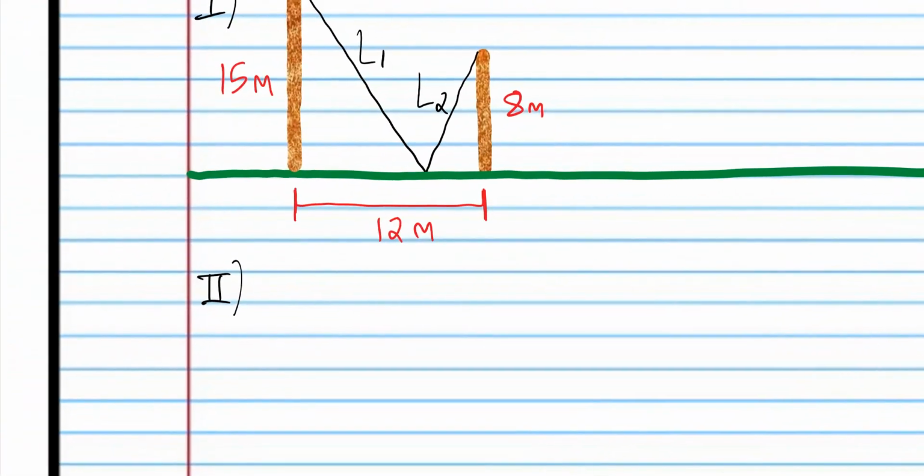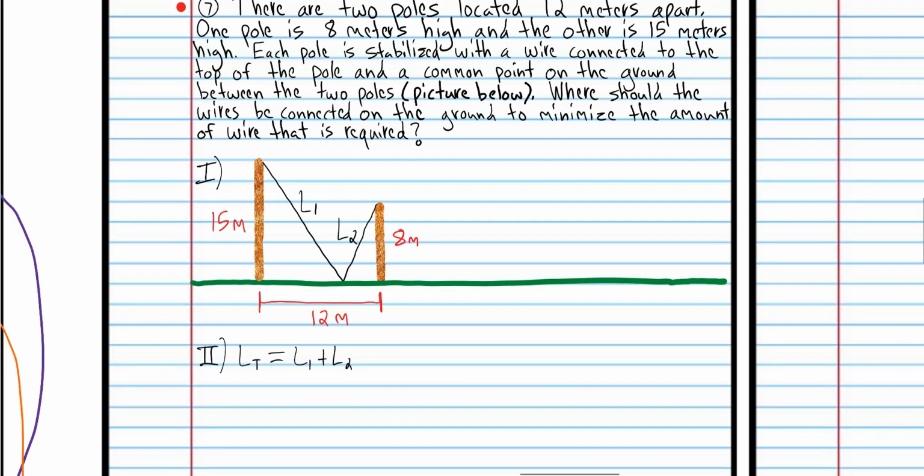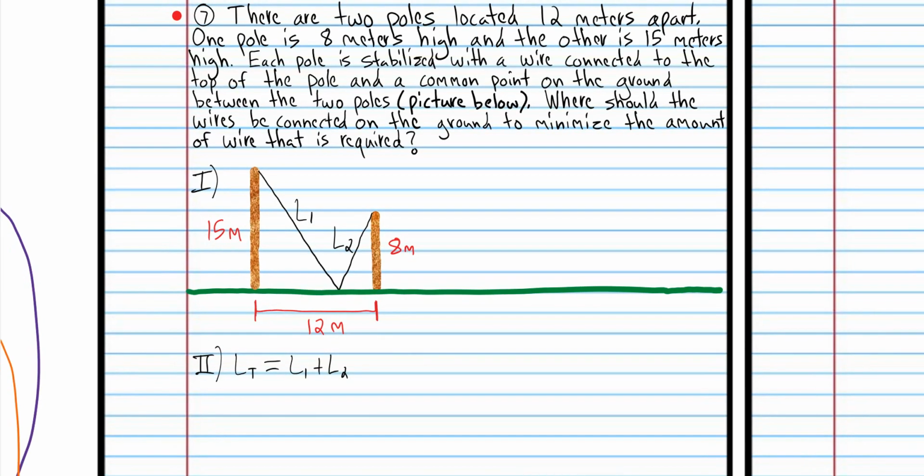Step number 2 is to come up with an equation of the thing that we're trying to minimize. That's the total length of the wire, which is going to be length 1 plus length 2. Problem is we have two variables over here. We're not allowed to have two variables, so how do we deal with this? Well, we use the Pythagorean theorem. We're going to define a new variable.